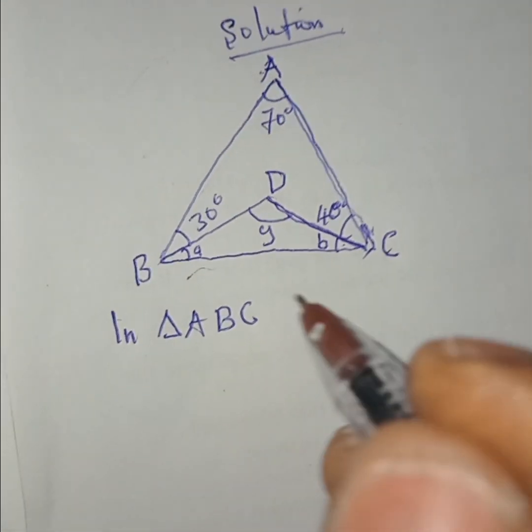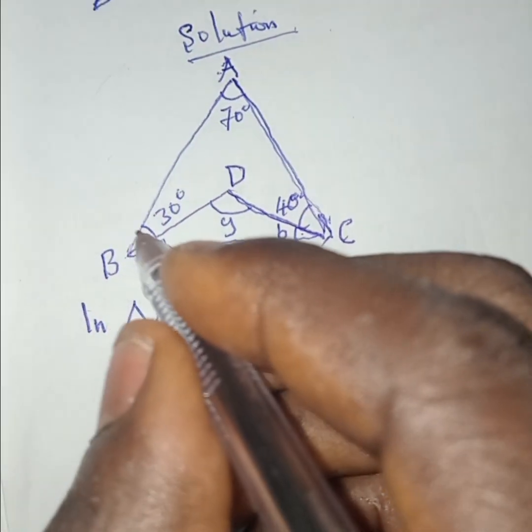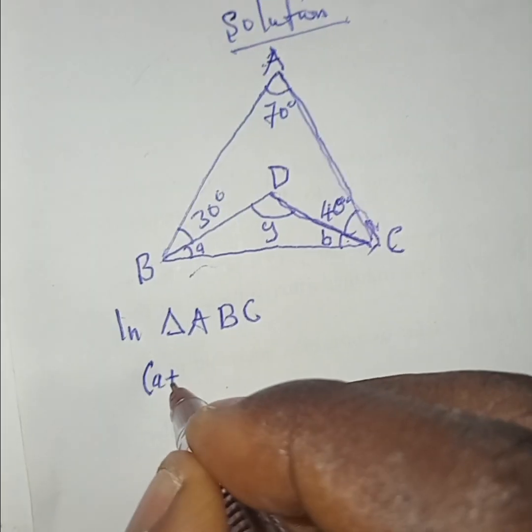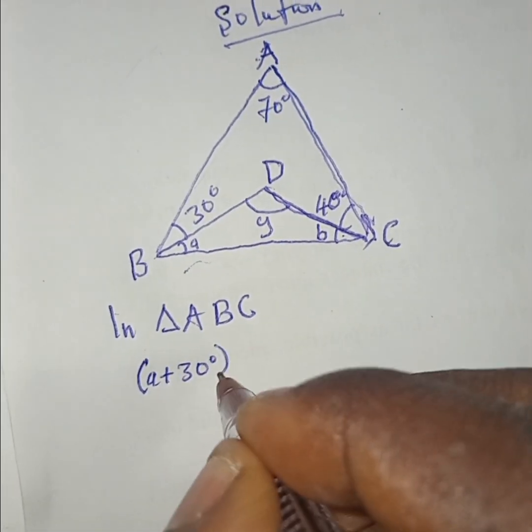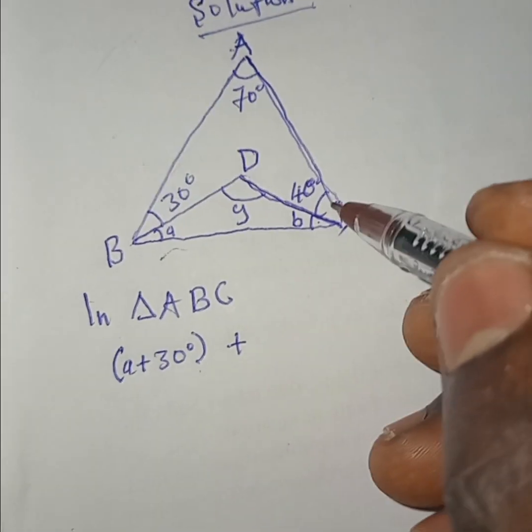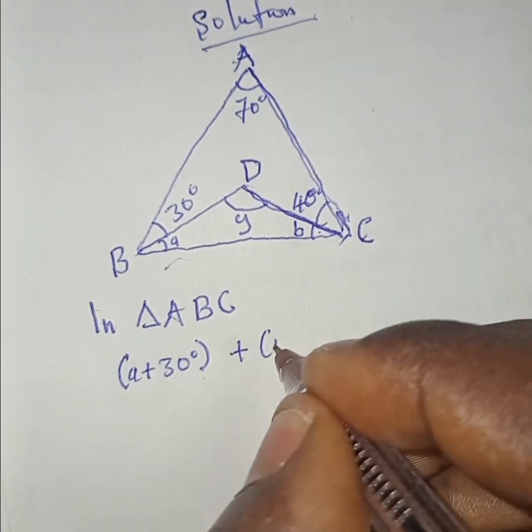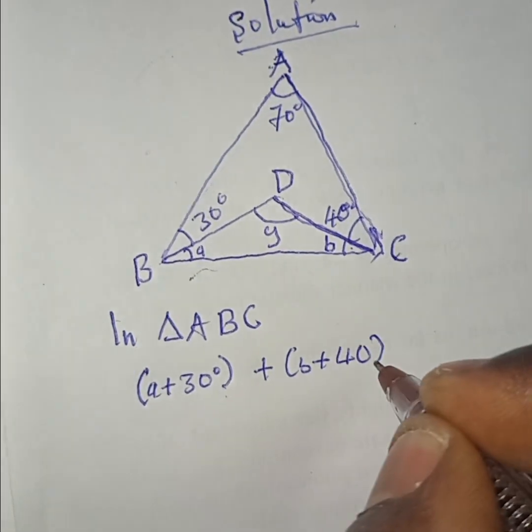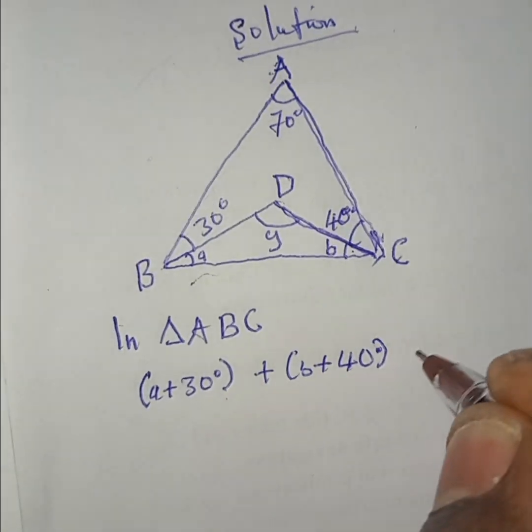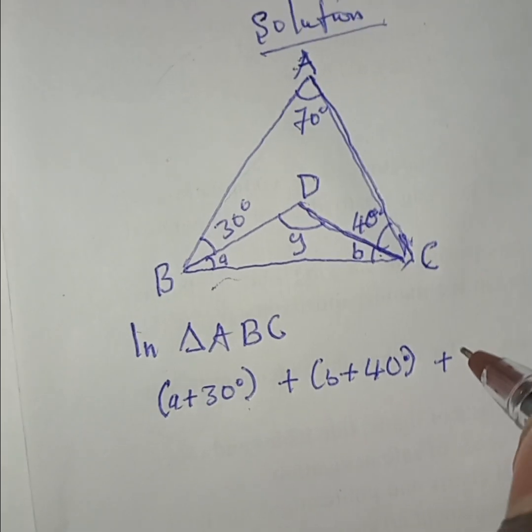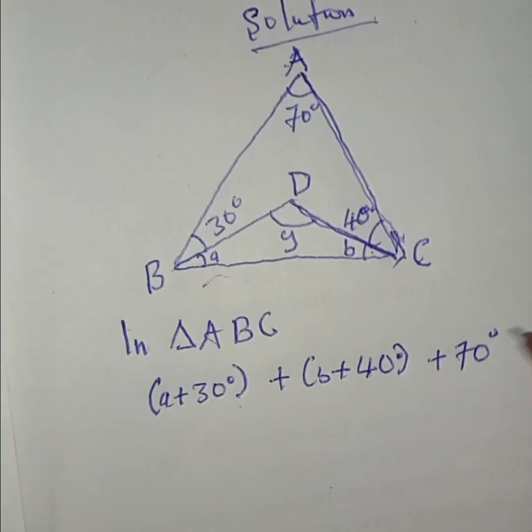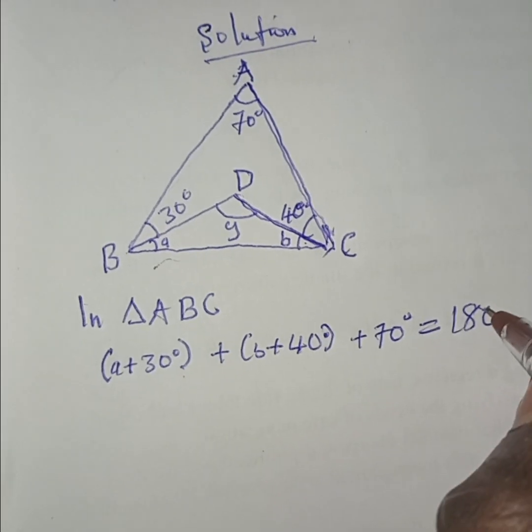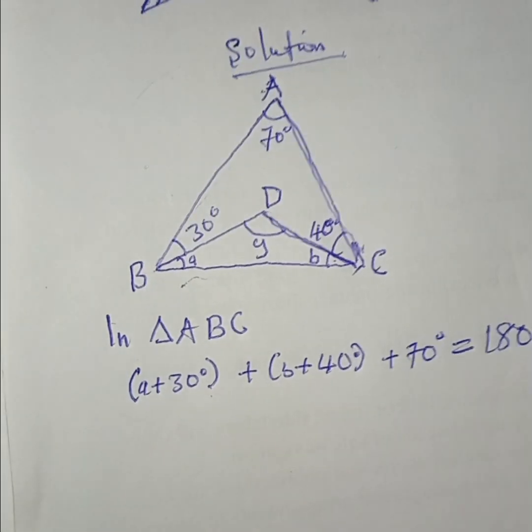The angles of a triangle equal 180 degrees. So for this side, you say A plus 30 degrees, plus B plus 40 degrees, plus 70 degrees, all equal to 180 degrees.